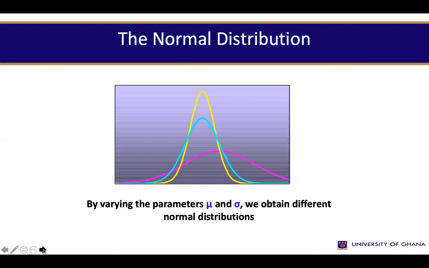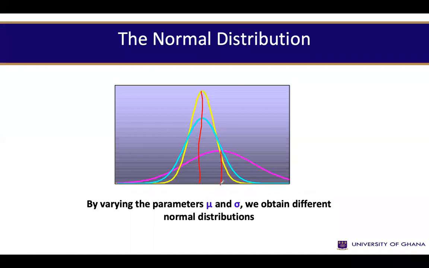So if you look at these three graphs, the yellow one, the green one, and then the purple one. The yellow and the green have the same mean, but the purple one has a different mean.